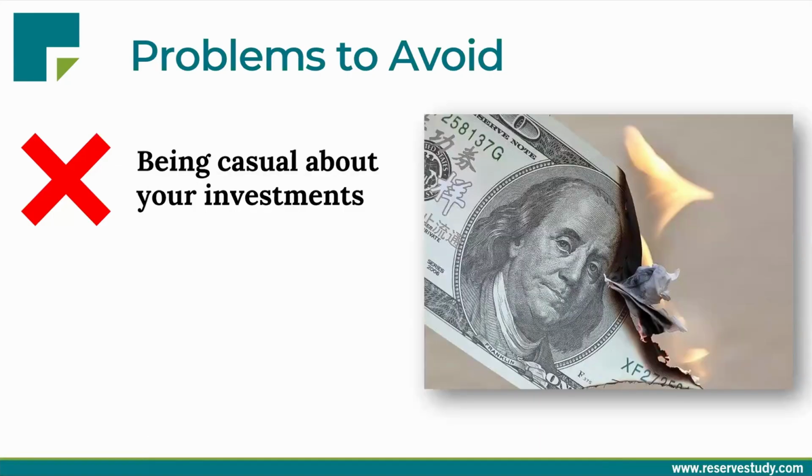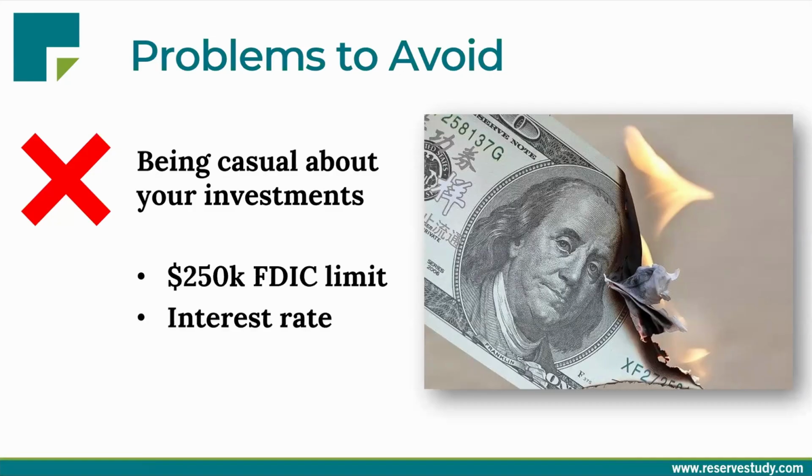And another mistake is being casual about your investments. Whatever yours is, $50,000, $100,000, $1 million, we see two mistakes all too often. And they are letting your reserves grow over the $250,000 FDIC insurance limit, meaning they are at risk of being lost. And the second is not maximizing your interest earnings.